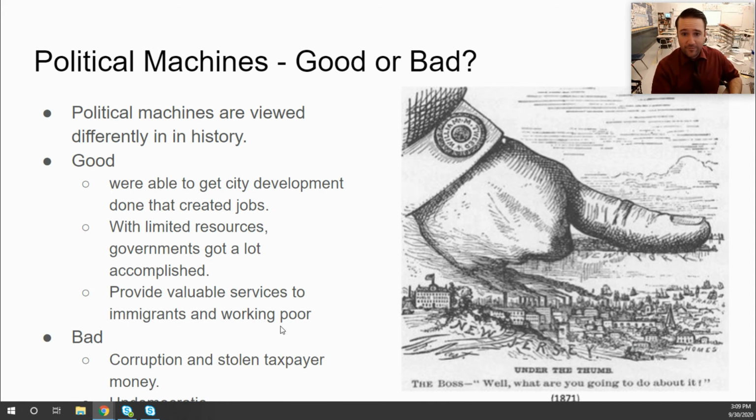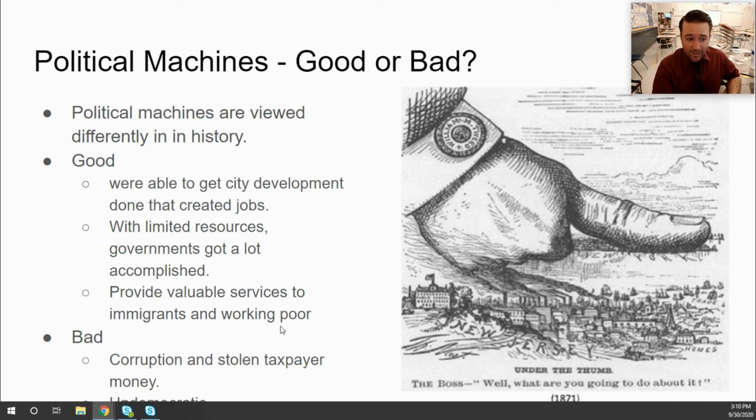They were able to help develop the cities at a time when they had limited resources, and they were able to create some sort of relationship with private businesses, to where private businesses could provide jobs and work, and they could build these cities as they needed to through this system. They would provide valuable services to the working poor to help them in dealing with the issues that we had talked about in the previous lecture.